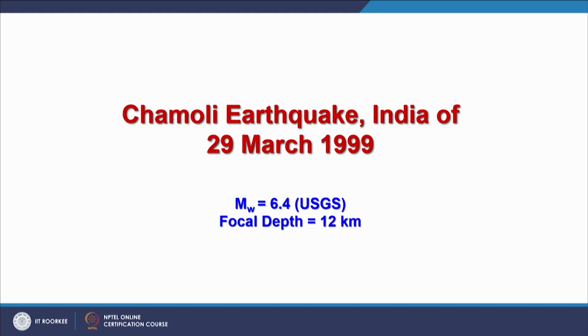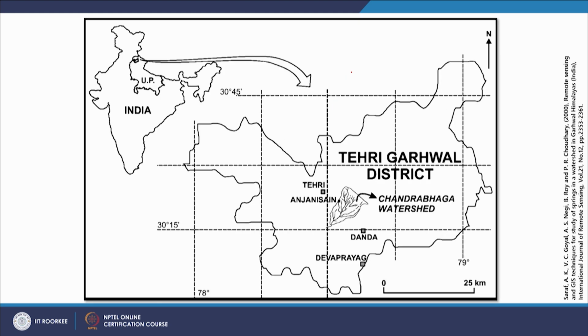So, human interventions can change the location, discharge or even the quality of water coming out of springs. But other reasons might also influence the location, discharge and quality of water, and another one of the reasons is earthquake, for which we will see an example.